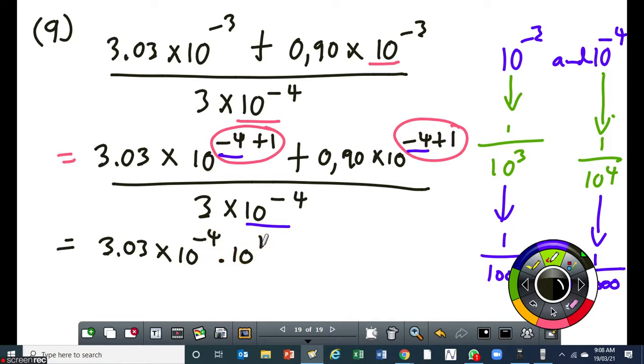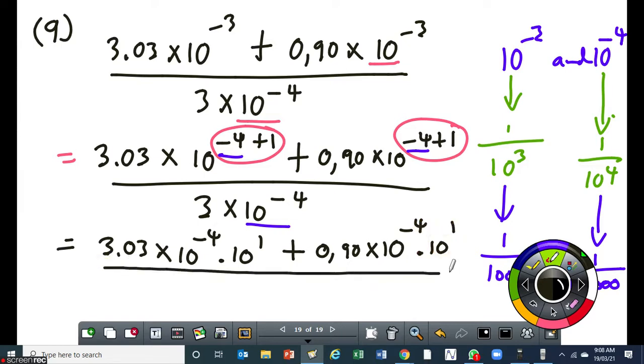I'm now using law 1, moving from the right hand side to the left hand side, plus 0,90 times 10 to the power of minus 4 times 10 to the power of 1, all over 3 times 10 to the power of minus 4. Okay? So you can see now that I've got my common vector.